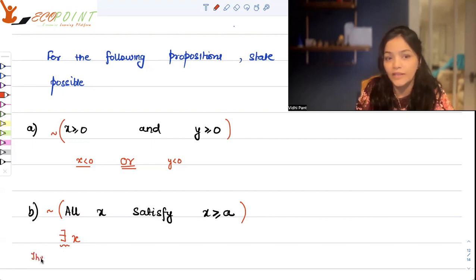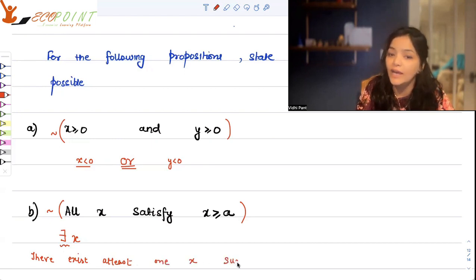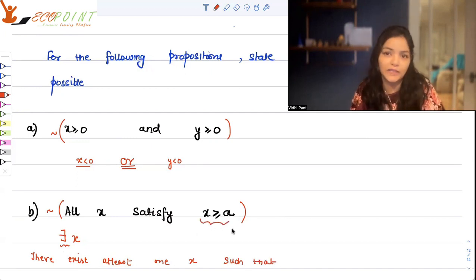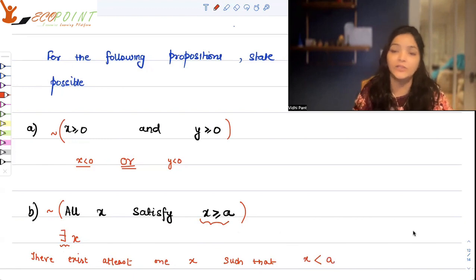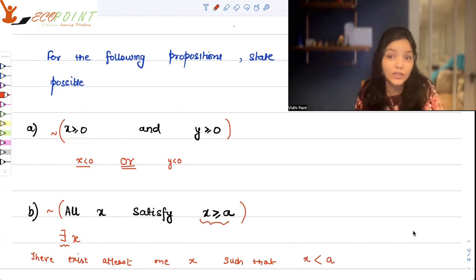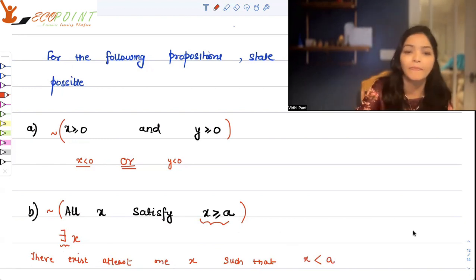So there exists at least one x such that the opposite of this is happening. And what is the opposite of x is greater than or equal to a? It is that x is strictly less than a.